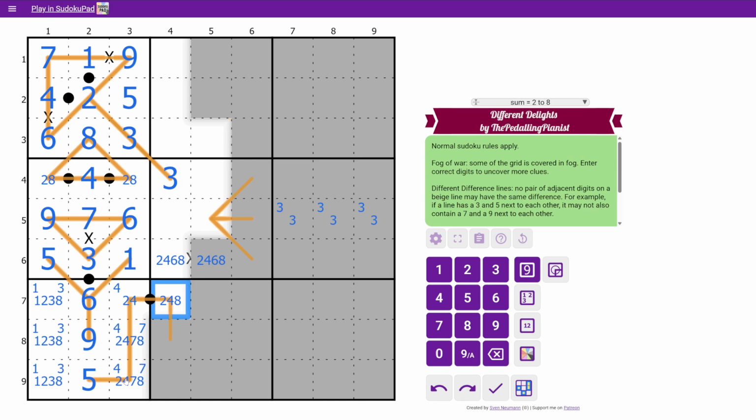It's a difference of 1, a difference of 3, a difference of 5, a difference of 2, which was 1, 2, 3, 5.